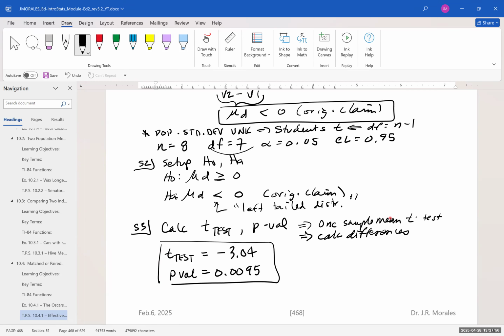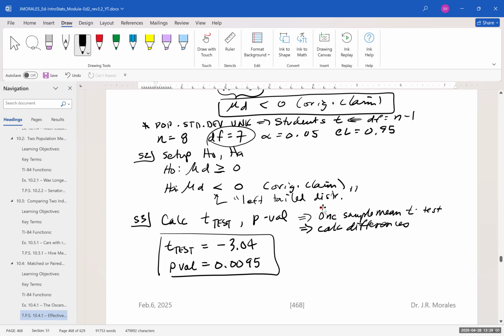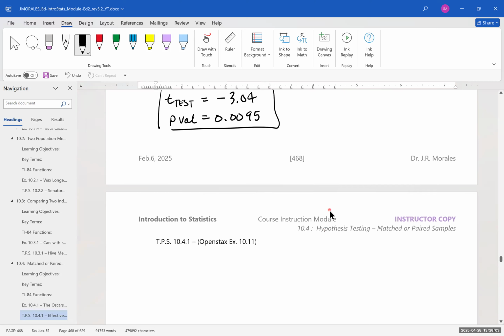Okay, and the degrees of freedom were what we expected them to be. All right, let's move on to step 4.